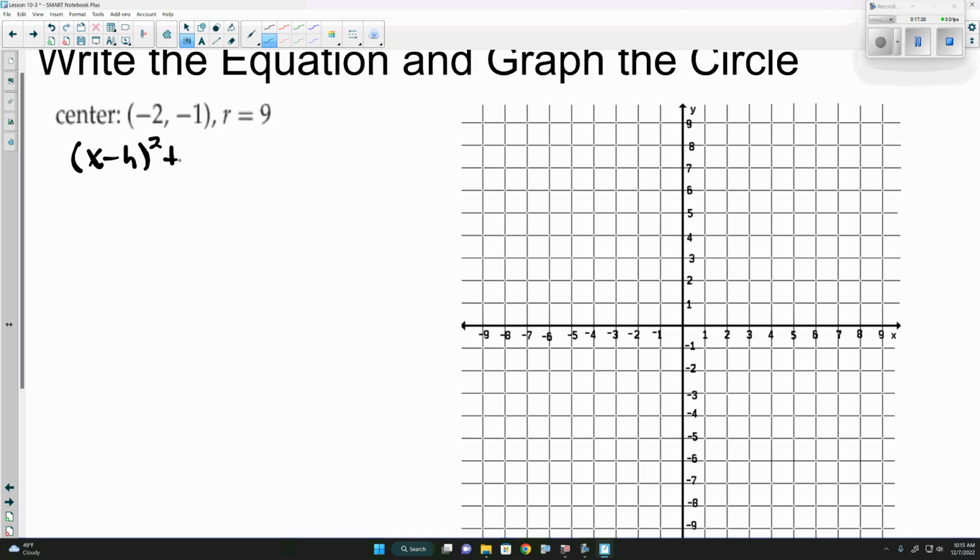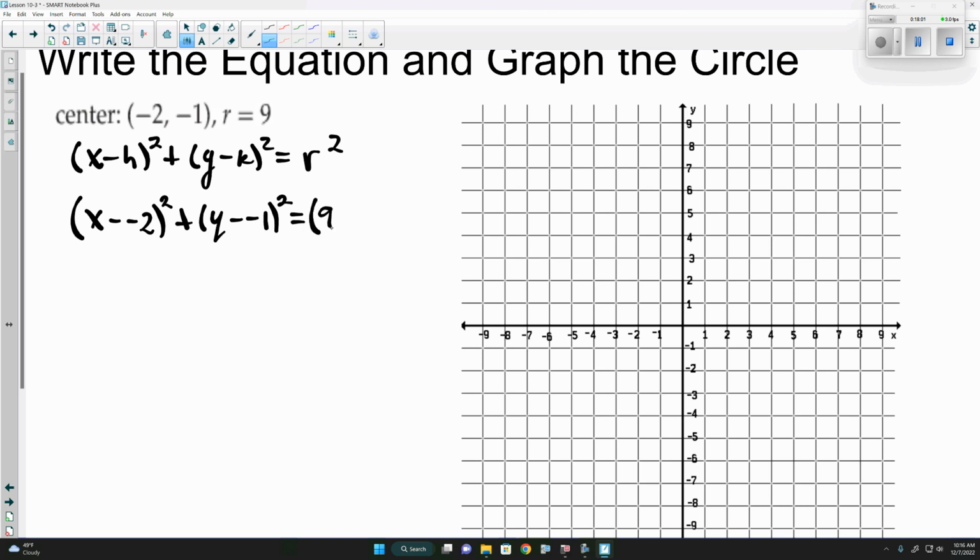Because we can start off with the equation that we've been starting off all of the problems with so far. x minus h squared plus y minus k squared is equal to the radius squared. Well, they were nice and they gave us the center is -2, -1. So we have x minus -2 squared plus y minus -1 squared is equal to. Don't they also give us the radius?